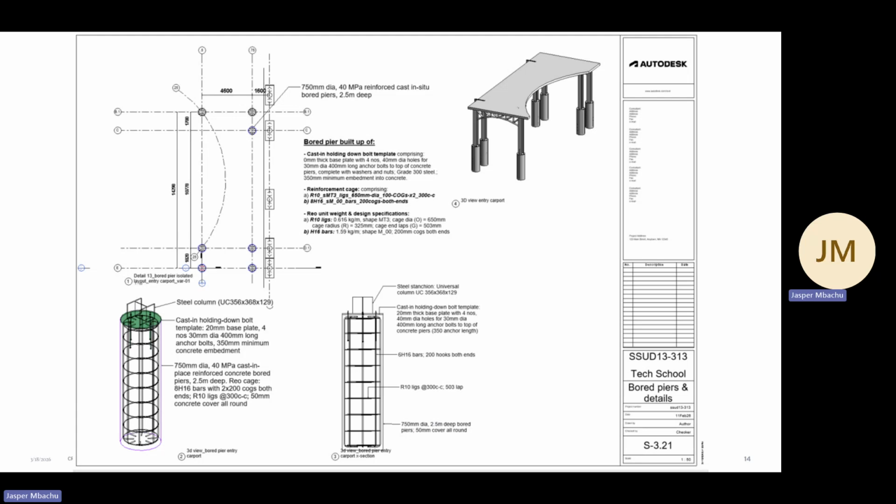So in that A0 sheet, you give the overall picture in that 3D at the upper right side, and then a plan area by the left, and then those isolated instances, because there's only one type of pier, which is a 750 diameter pier, and our pricing shows that it's going to be a cast in place reinforced concrete bored pier.